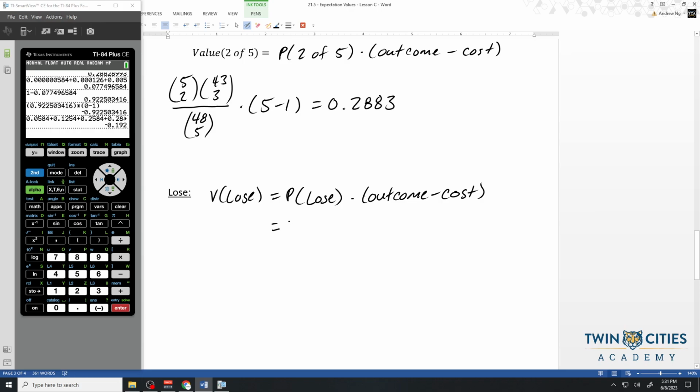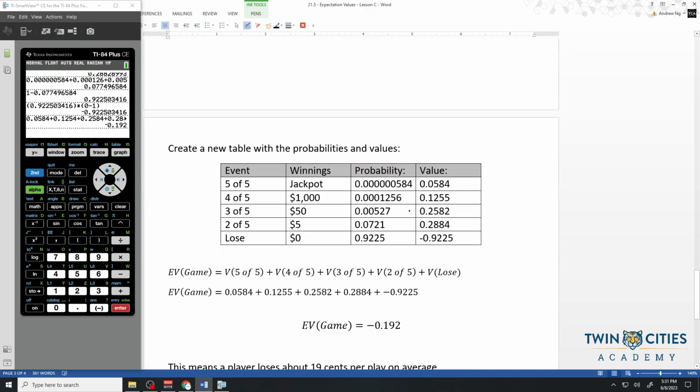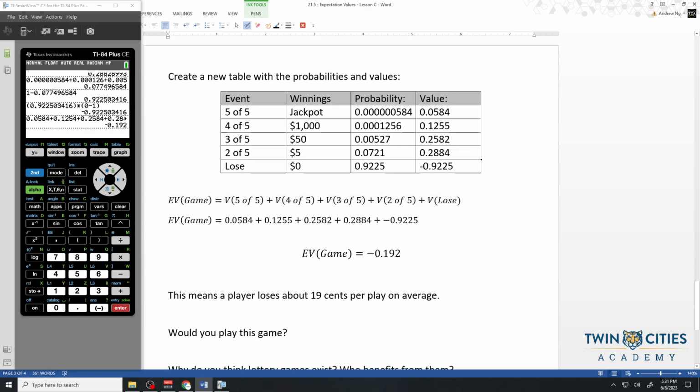And this ends up being 0.9225 times 0 minus 1, which was negative 0.9225. And so there's everything filled out. My EV for this game is negative 0.192.